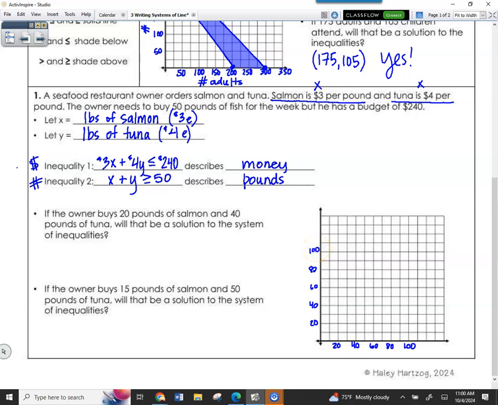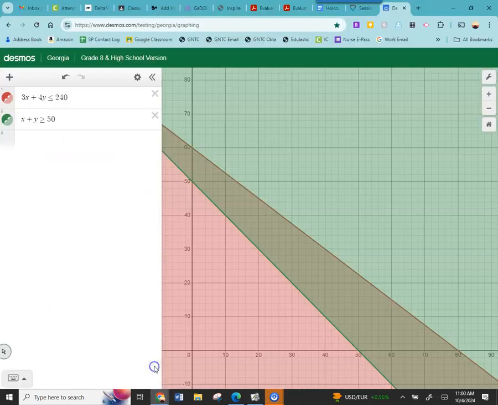Let's label our axis as well. We said X is pounds of salmon. We said Y is pounds of tuna. Coming back to Desmos, because Desmos is going to tell me these numbers. The first line I need to draw is going to be from 50 and 50.